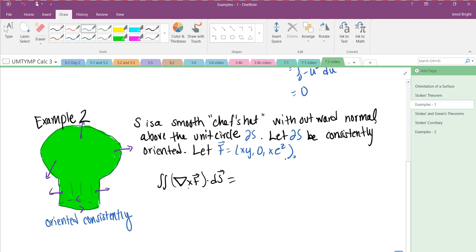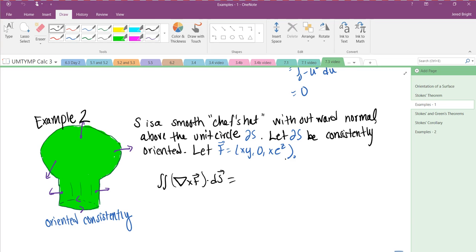Okay, so then, again, by Stokes' theorem, we have to go through and verify, do we have a bounded, piecewise smooth, oriented surface? Yep, yep, yep. And the boundary consists of finitely many piecewise C1 simple closed curves. Yep, yep, yep.